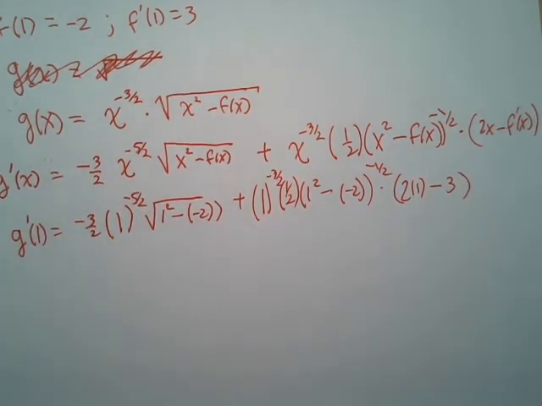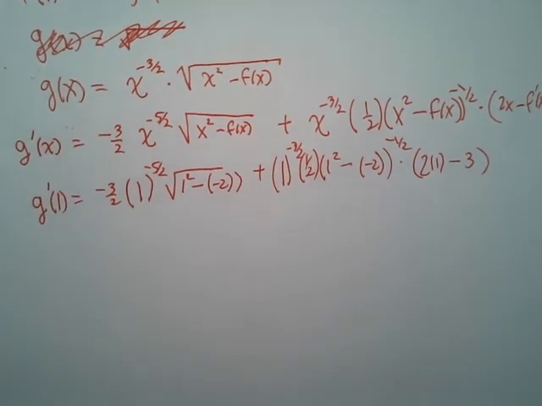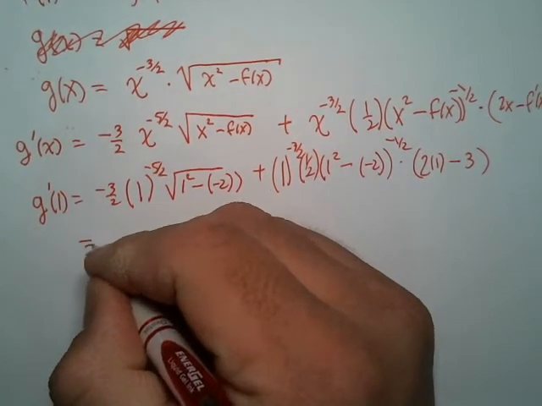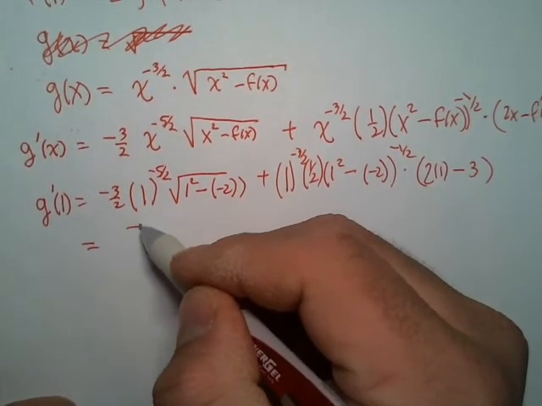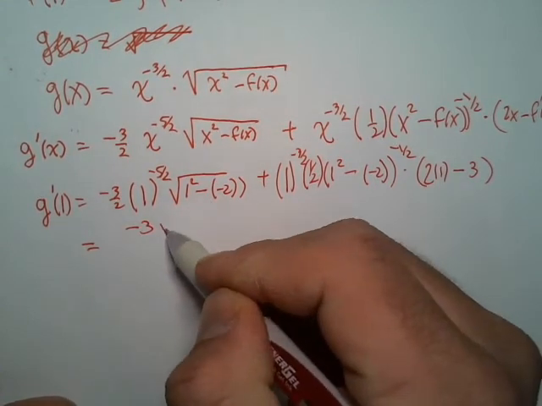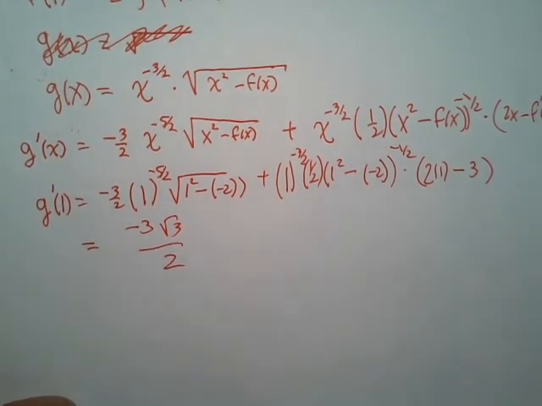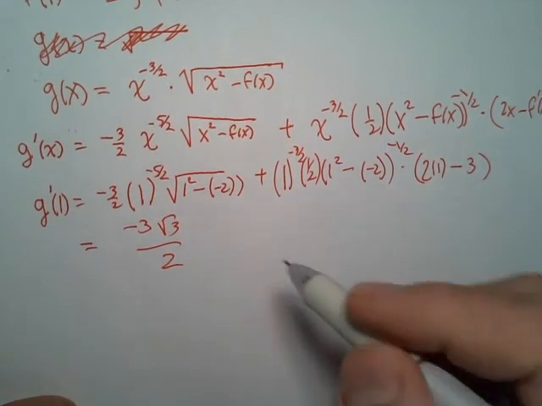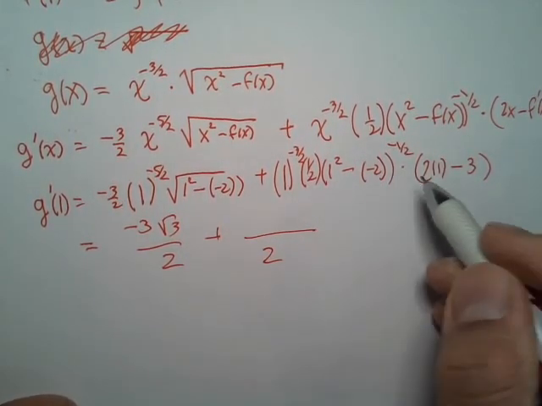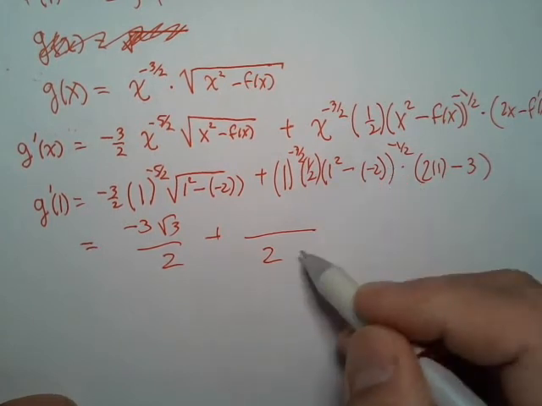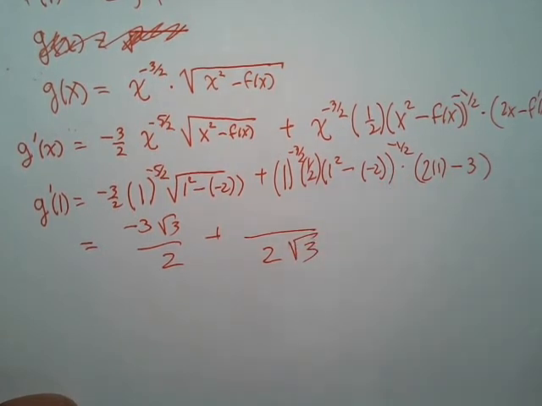All right, and again now, simplify. So over here, that's 1, negative 3/2, square root of 3 over 2. All right, that's that first part. Over here, what do we got? We got 1/2. This is root 3, but to the negative 1/2 puts it in the denominator.